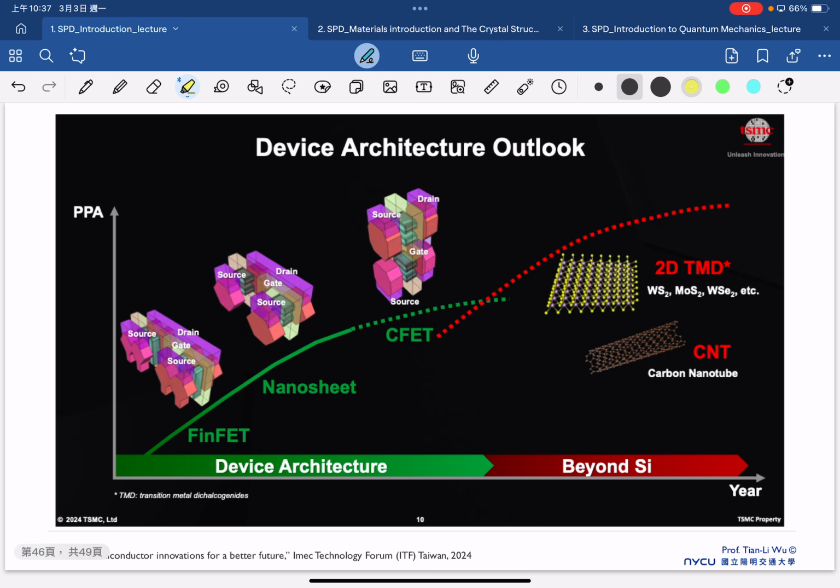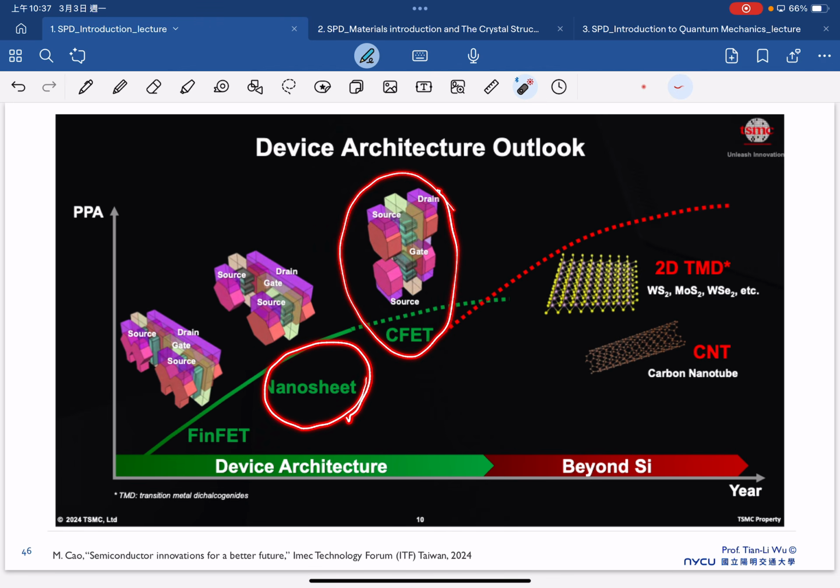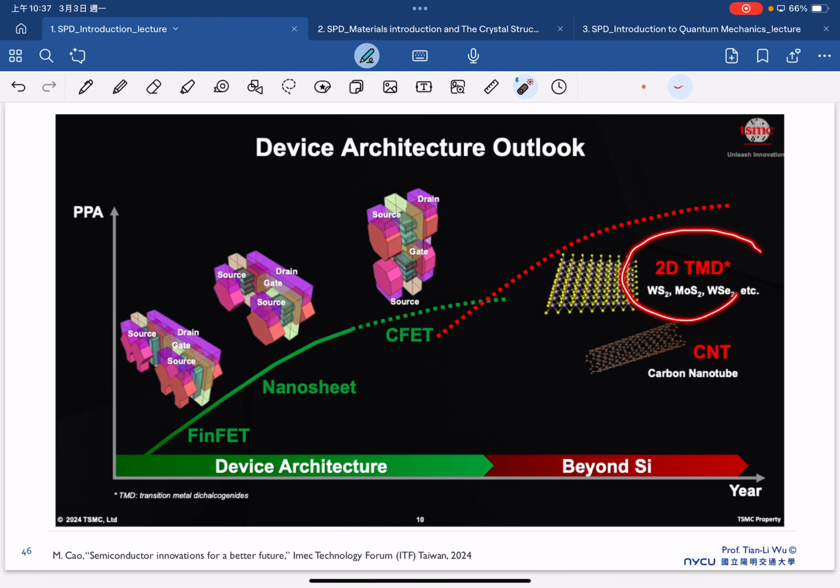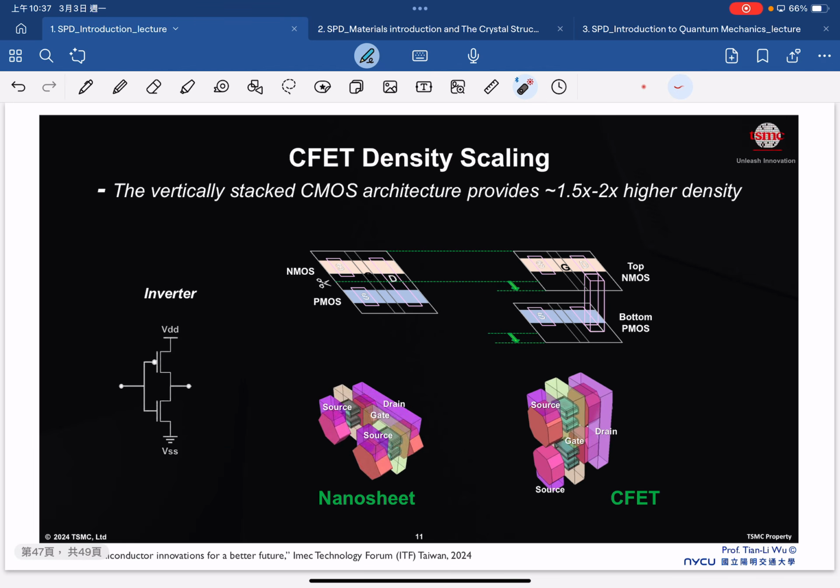TSMC also mentioned that the main technology is still probably around here, and the next generation could be either nanosheet or CFET. So those are the options that the industry is trying to realize right now. Of course, some very advanced materials like 2D or CNT can also be considered in the future. So here is a CFET.